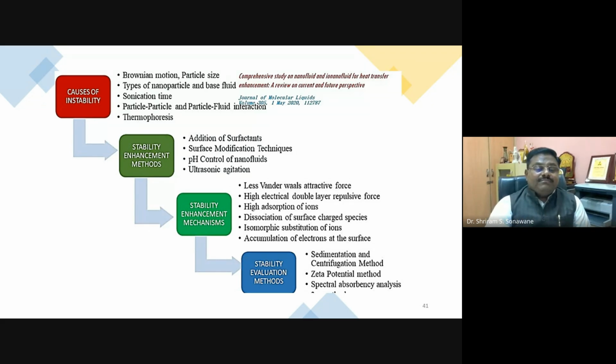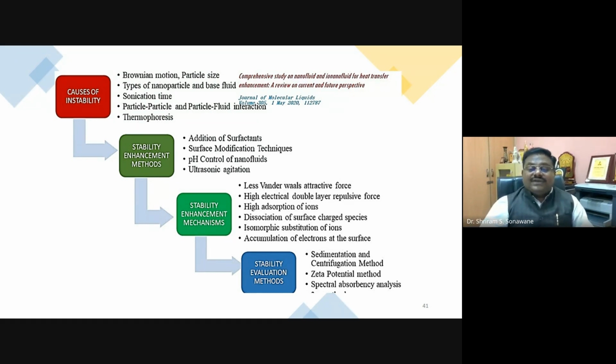Then stability enhancement mechanism consequences. Which are the mechanisms to enhance stability? Less vulnerable attractive forces, high electrical double layer repulsive forces, high absorption of ions. High absorption of ions enhances the stability of the nanofluid. In which sense?